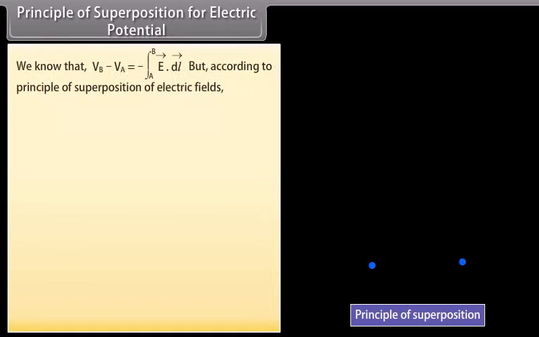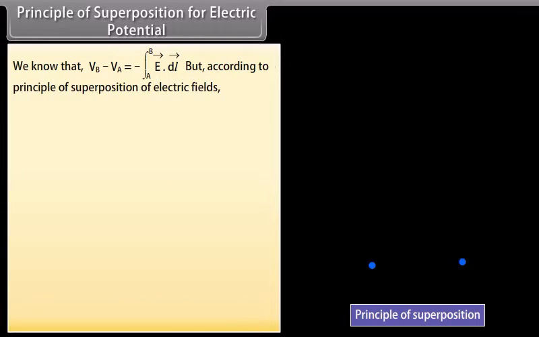Principle of superposition for electric potential. Let us consider 2-point charges plus Q1 and plus Q2. Take any 2 points A and B in the combined electrostatic field of 2 charges Q1 and Q2. Choose a curve L between A and B. We know that V_B minus V_A is equal to minus integration from A to B of E vector dot dl vector.